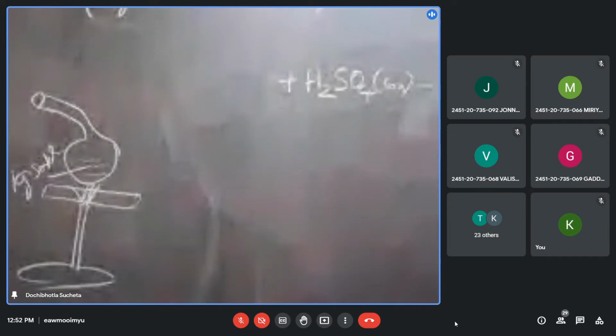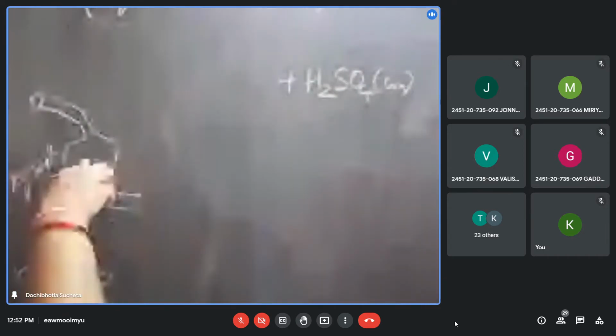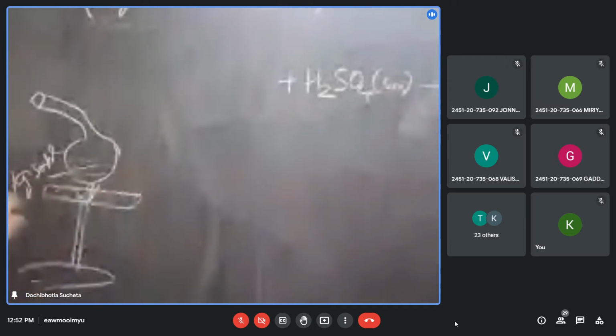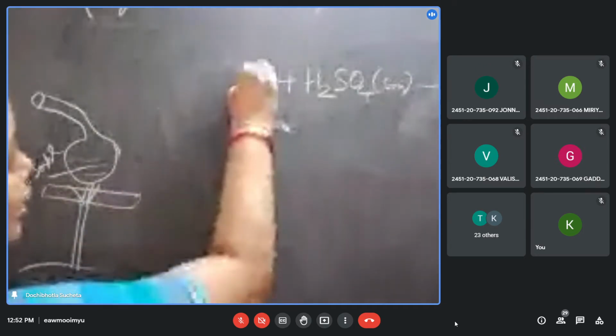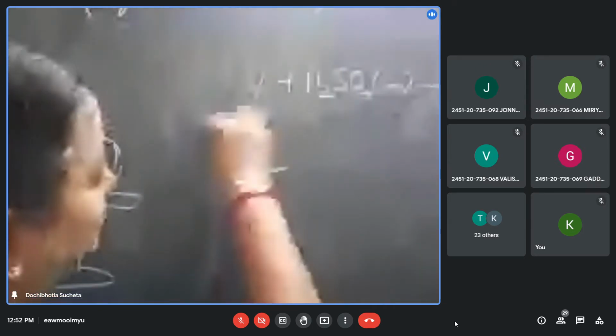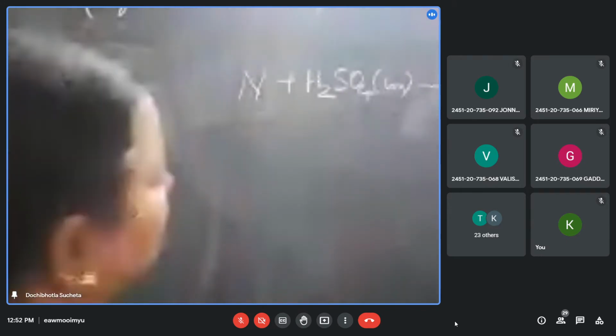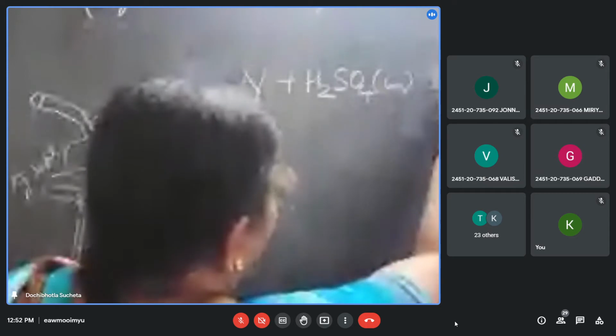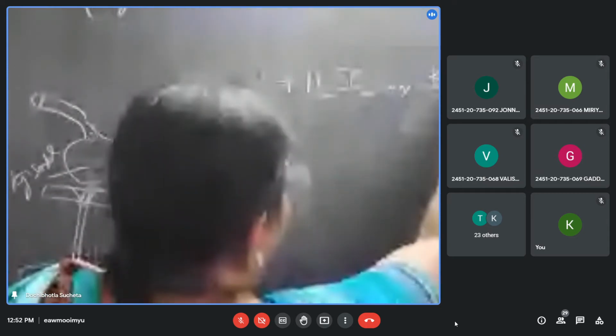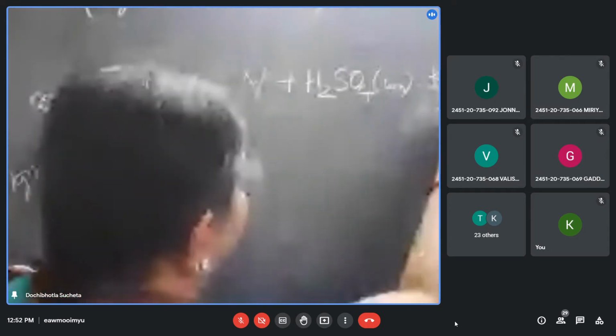I'm writing the equation. I've taken 1 gram of powdered coal sample and put it in the Kjeldahl flask containing concentrated sulfuric acid. What will happen if I'm boiling this entire mixture? Ammonium sulfate is formed, in the presence of catalysts like potassium sulfate plus copper sulfate.